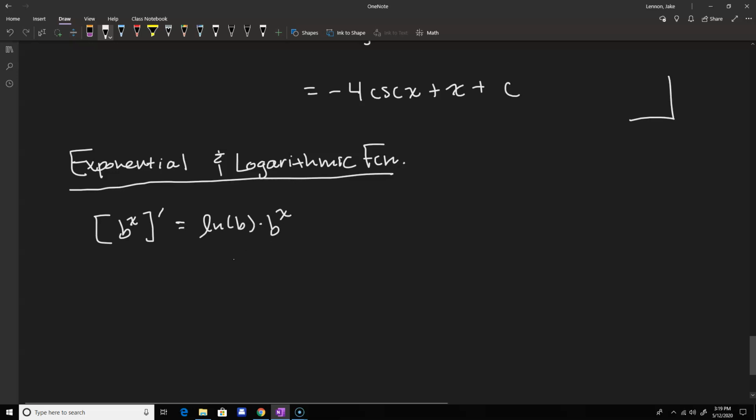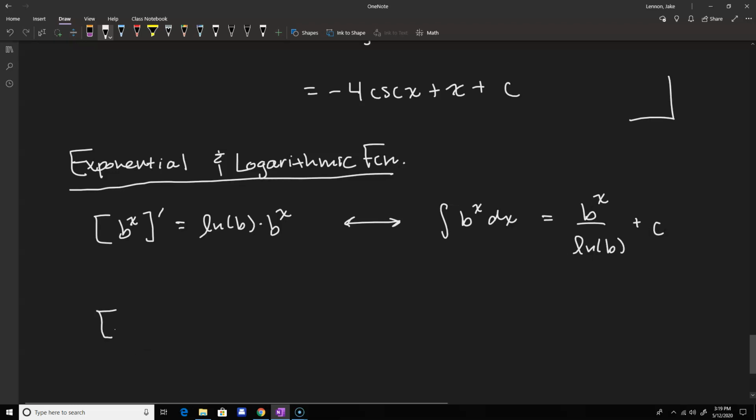So reversing the process, since differentiation yields a multiplicative factor of natural log of b, integration is going to instead divide by the natural log of b. So our integral formula would look like the indefinite integral of b to the x dx would be b to the x divided by the natural log of b plus a constant.